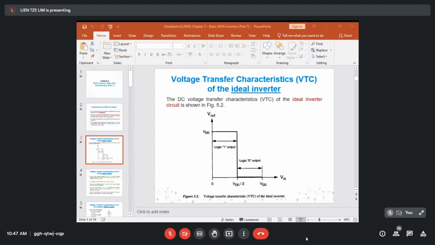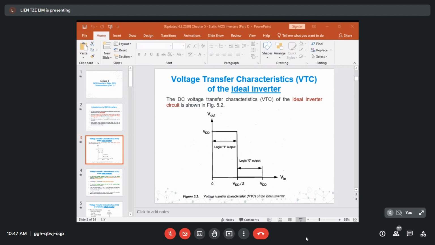The output switches from VDD to 0 when the input is equal to VTH. If you refer back to this graph, this is the VTH.